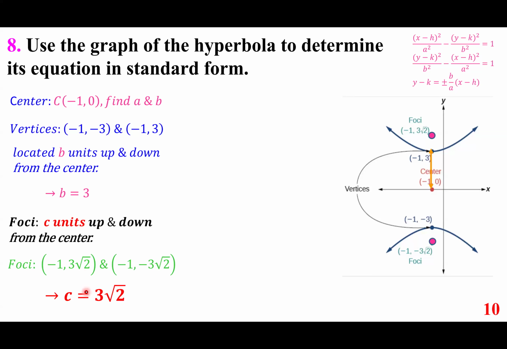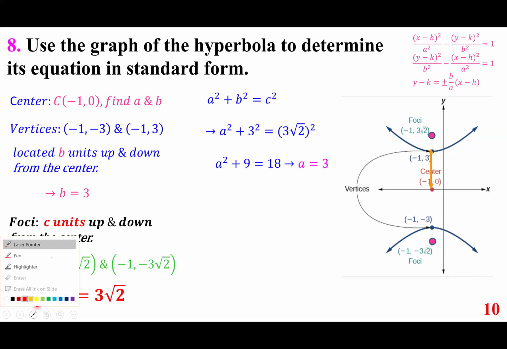So we have the b, we have the c, and we can find a because a squared plus b squared equals c squared. Plug in: this is 9, this is 2, the product is 18. Subtract 9, and a becomes 3.